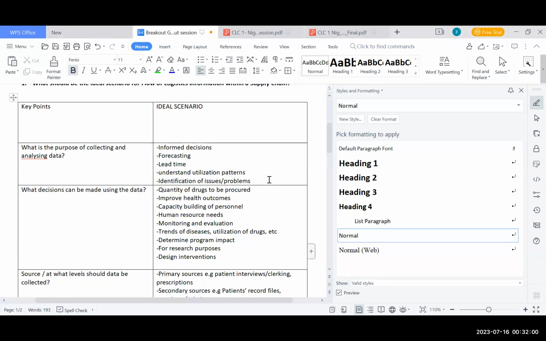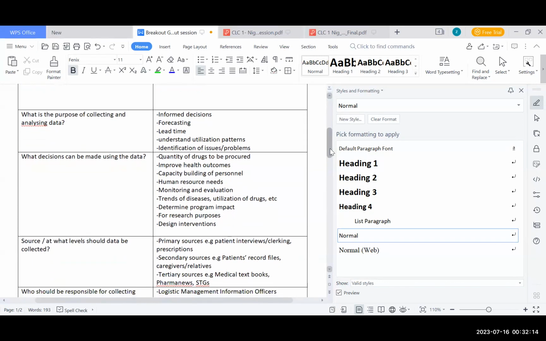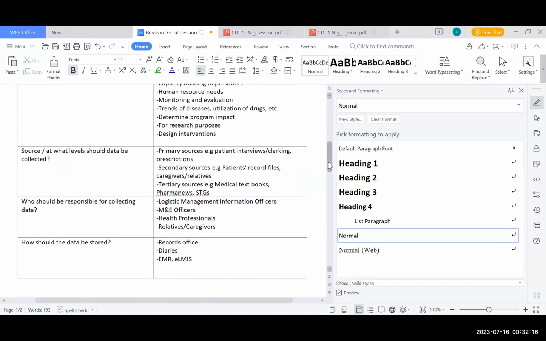Thank you, Haruna, for your presentation. Very good one. My question has to do with source: at which level should the data be collected? Here he talks about primary source, patient interview data, secondary source, patient record files, tertiary source, medical textbooks.